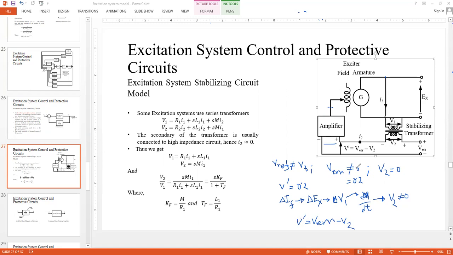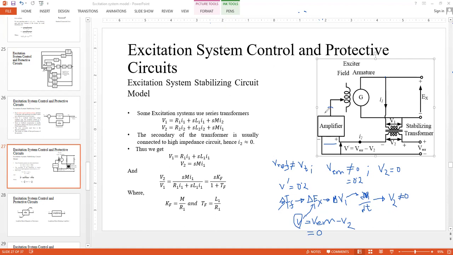That reduced V dash would again drive this amplifier with some different del IF, and that would produce some different del EX. Like this, because it is a negative feedback system, your system would ultimately create again some V dash which would be 0. So this is how the negative feedback will bring down this V dash value to 0, and there will be no more amplification.